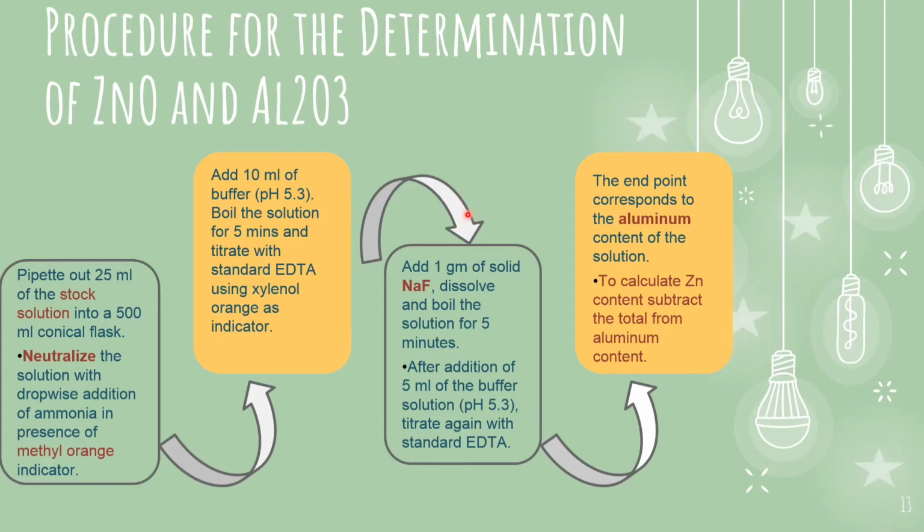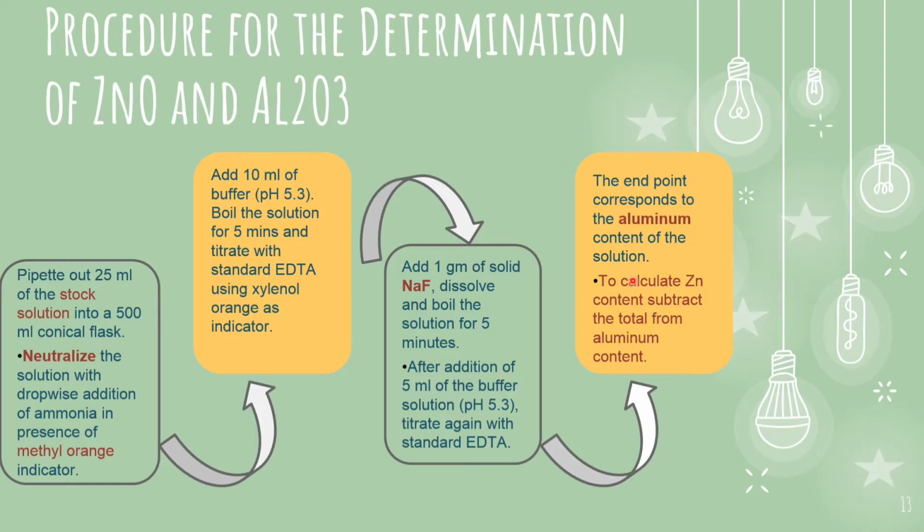Next step, we are going to add around 1 gram of solid sodium fluoride into this solution. We are going to boil the solution for 5 minutes again, and then there is time for the second titration. The first one happened when we added the buffer, and after the addition of NaF, we are going to titrate it again with the same solution, but now with 5 ml of the buffer, again titrated with EDTA, and the endpoint corresponds to the aluminum content of the solution.